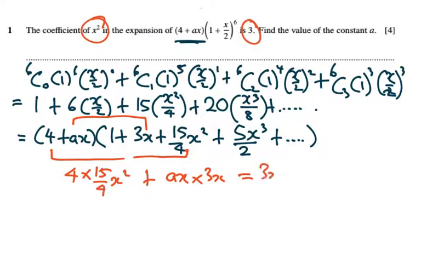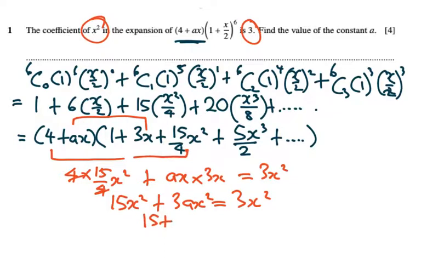So I'm going to write 3x squared. Let's simplify this. So those two get cancelled. 15x squared plus 3ax squared equals 3x squared. 15 plus 3a x squared equals 3x squared.